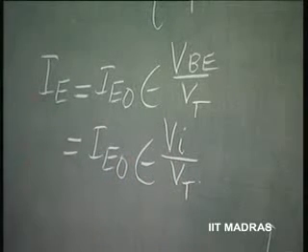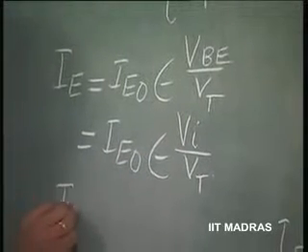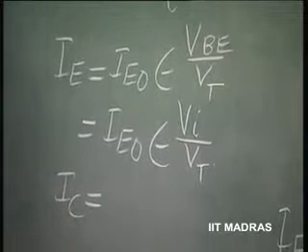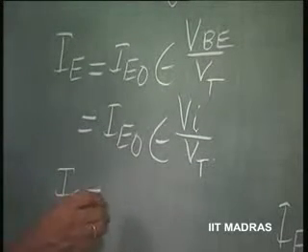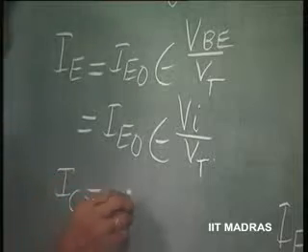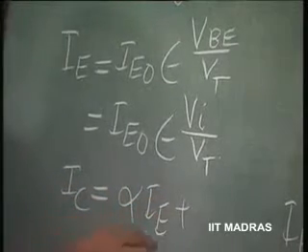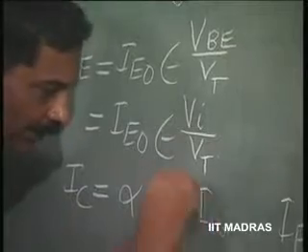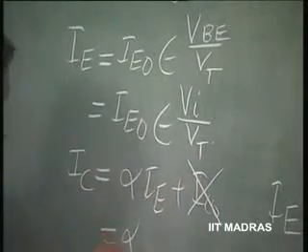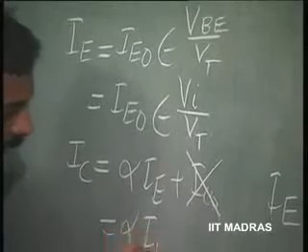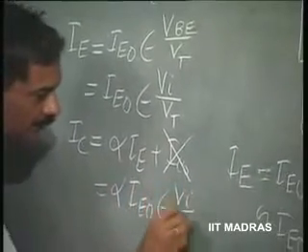So, we have IE, and what is IC? IC equal to alpha times IE plus IC naught. This IC naught I am neglecting now. So, IC equals alpha times IE naught exponent Vi by Vt.